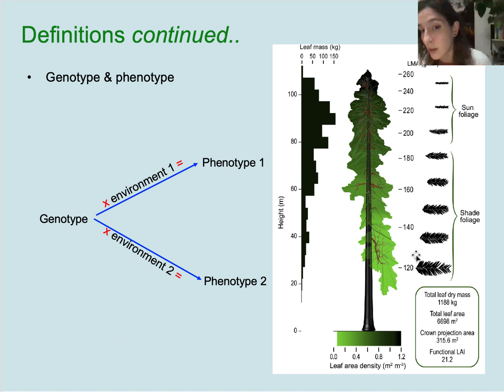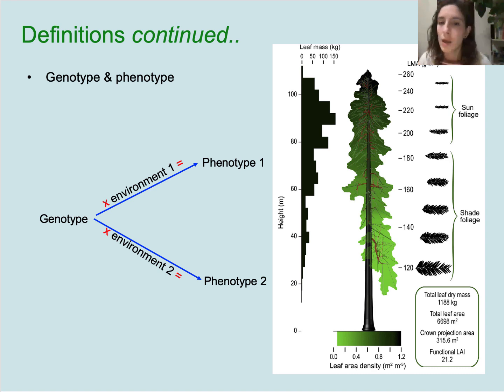And notice the branchlets of needles are bigger in this other environment, even though this is all one individual. Anyway, this is not evolution. This is just variation within a single individual. Different expressions of a genotype being expressed as different phenotypes, which is the outward physical expression of a genotype.